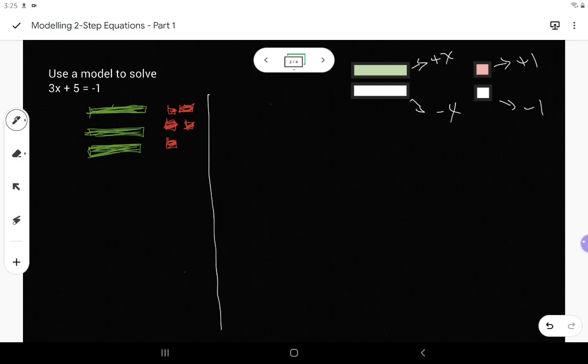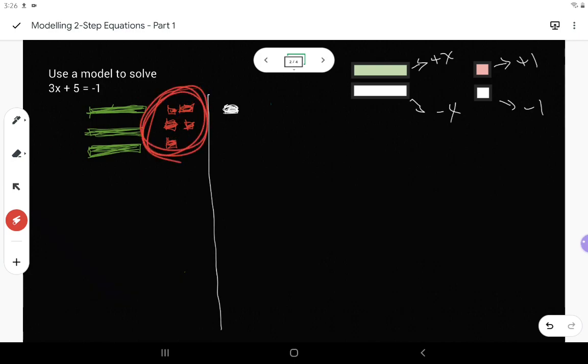On the right-hand side, I have negative 1. So I've got one little square all by itself, and I definitely can't split that into 3 equal rows. Now, I can't split into equal rows, which is annoying. That's what I have to do to figure out how much is in each group. So I've got to get rid of these guys.